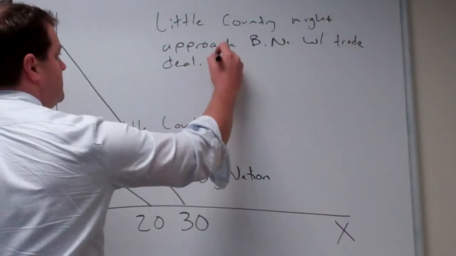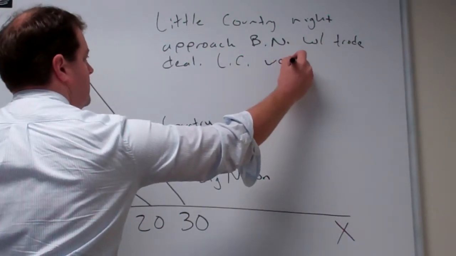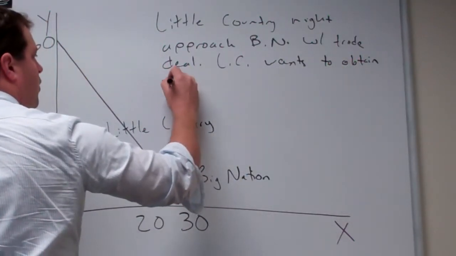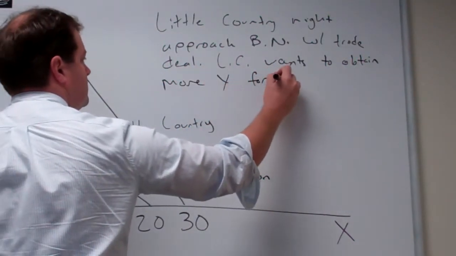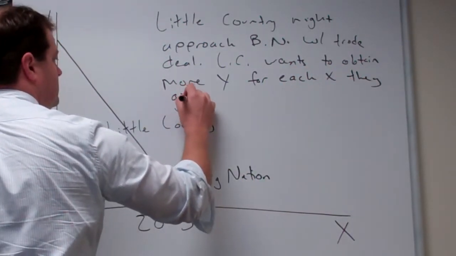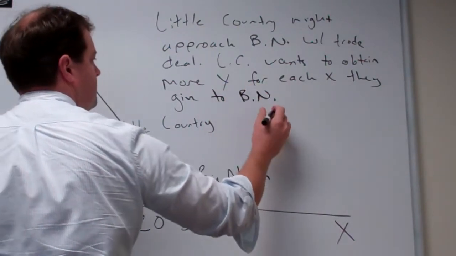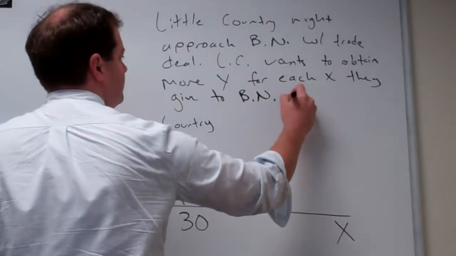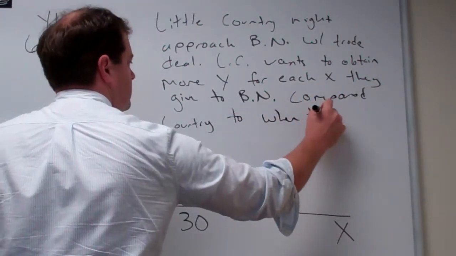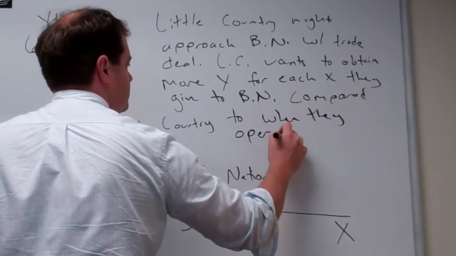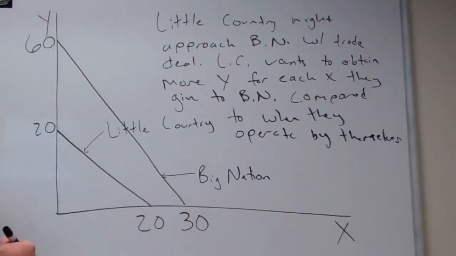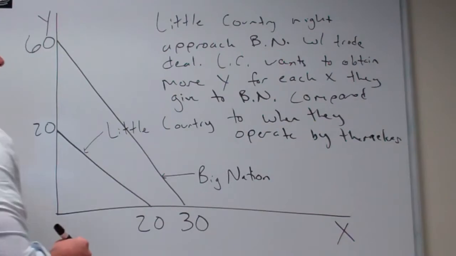Little country wants to obtain more Y for each X they give up compared to when they operate by themselves. Right? So there's little country's problem that it has to solve here.